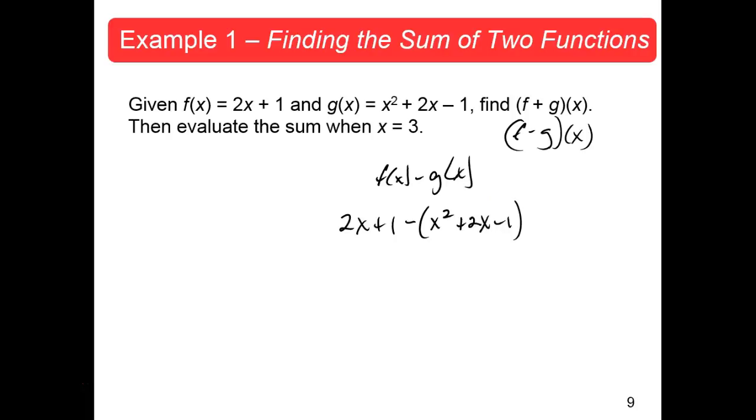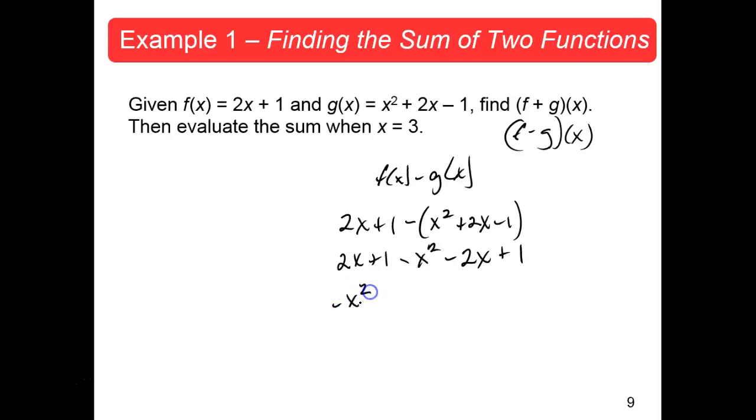Now, before we combine like terms, we have to clear the parentheses. That's how they used to say it. Distribute the minus sign across the parentheses, however you want to say it. What would this be? 2x plus 1 minus x squared minus 2x plus 1. Very good. Now when you combine these like terms, what do you get?